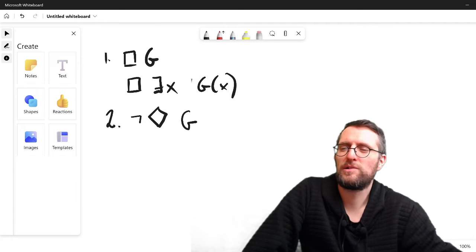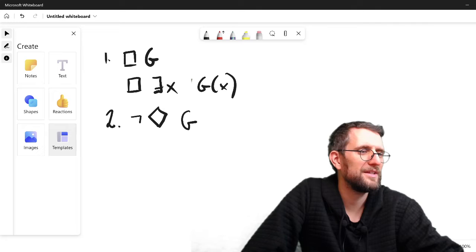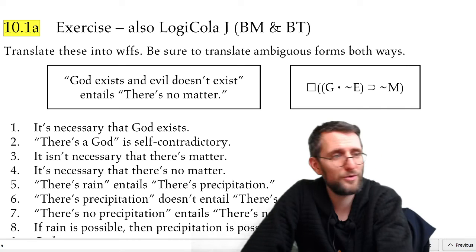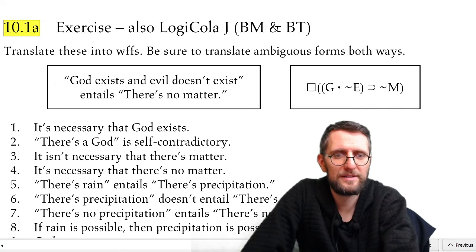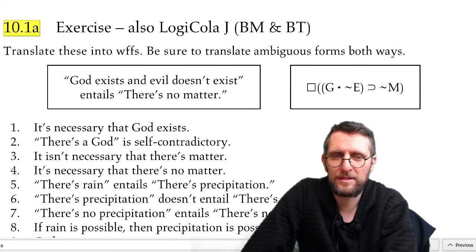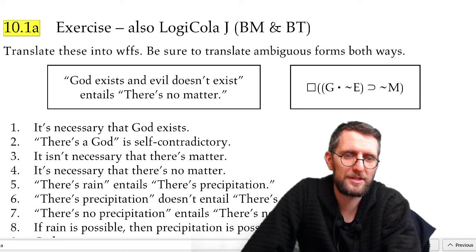Huh. Oh, they just have third. Okay. I wasn't sure. Let's see what they have for third. So for third, they have: it isn't necessary that there's matter. Okay, that should be easy. It is not necessary that there's matter.